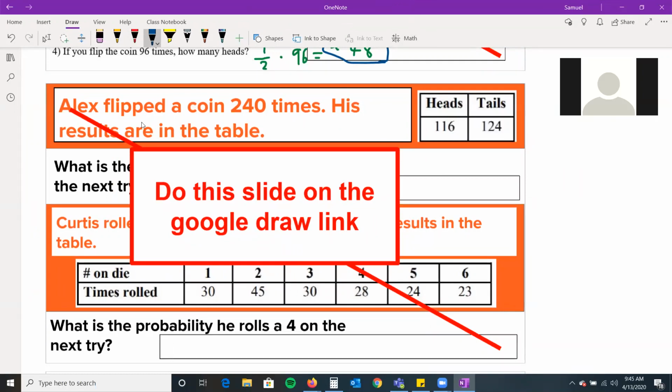Okay, so Alex flips a coin 240 times. His results are in the table right here. What is the probability that he'll flip a tails on the next go? Once more, I want you guys to put your answer here and type in the chat your answer as well.